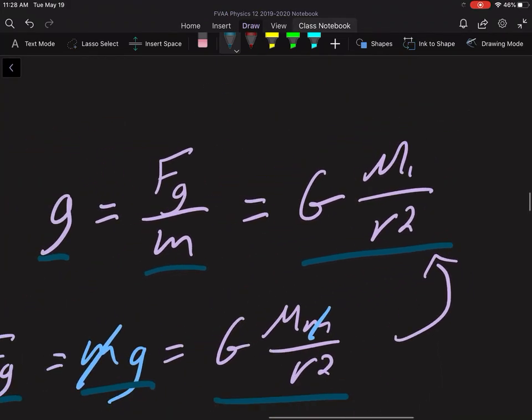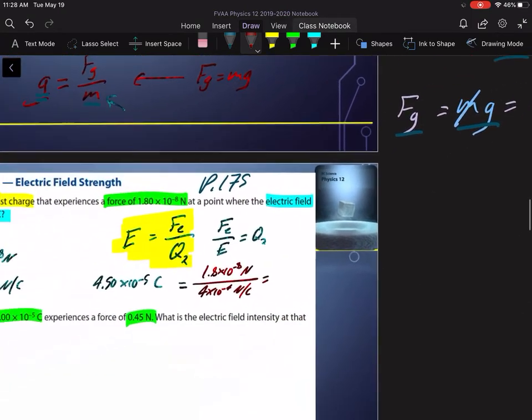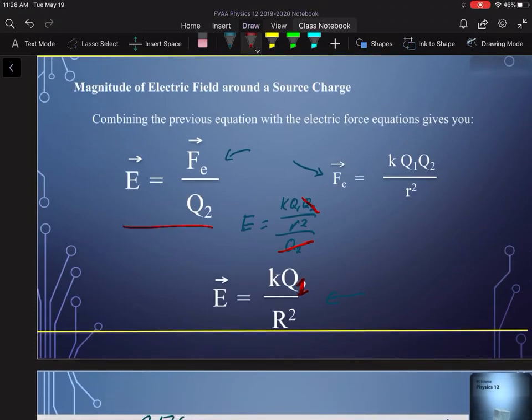So we were able to measure the gravitational field strength with both equations. It's the same thing with electrical field strength. We're going to be able to measure it with this equation, but also this equation here.